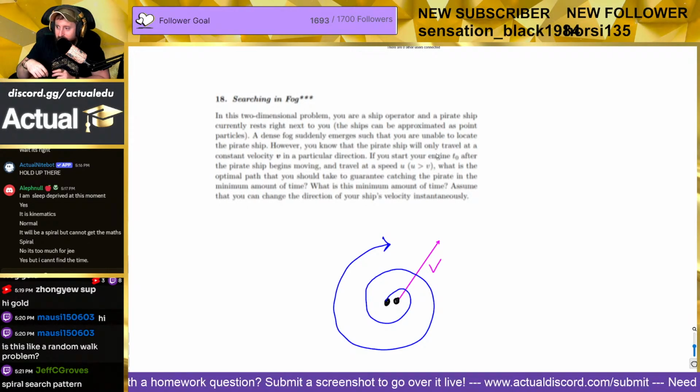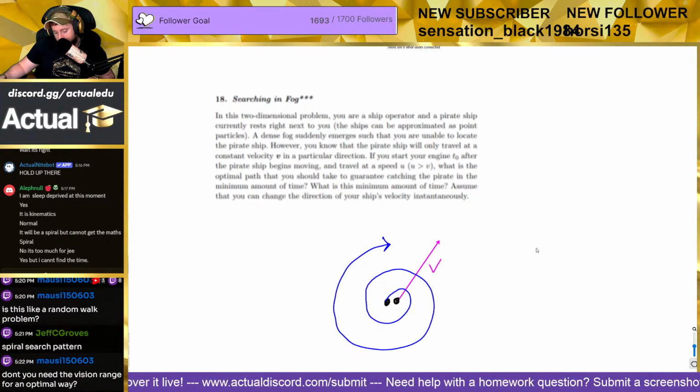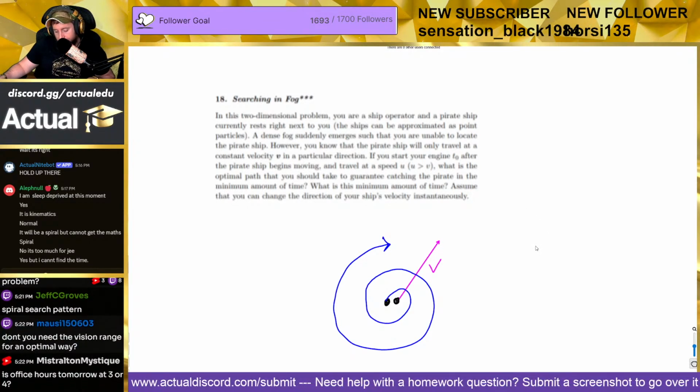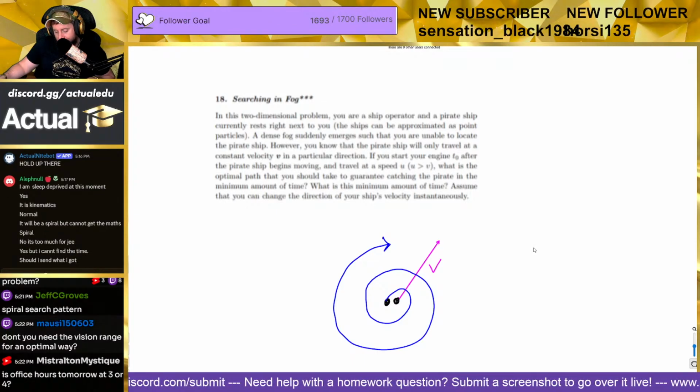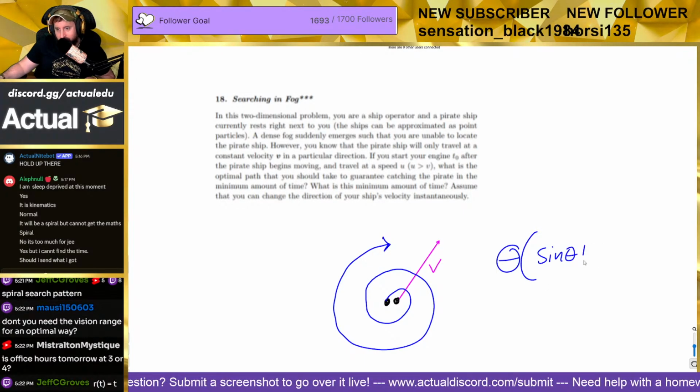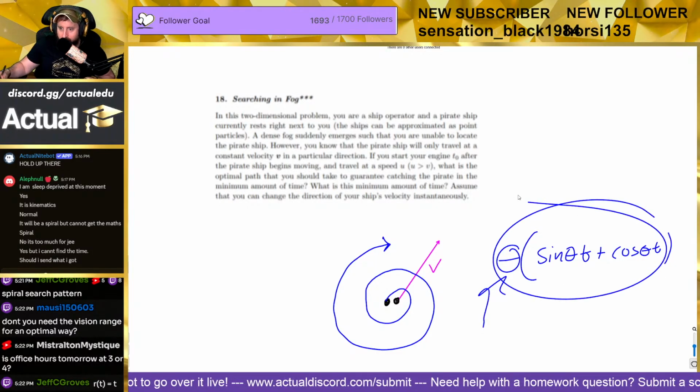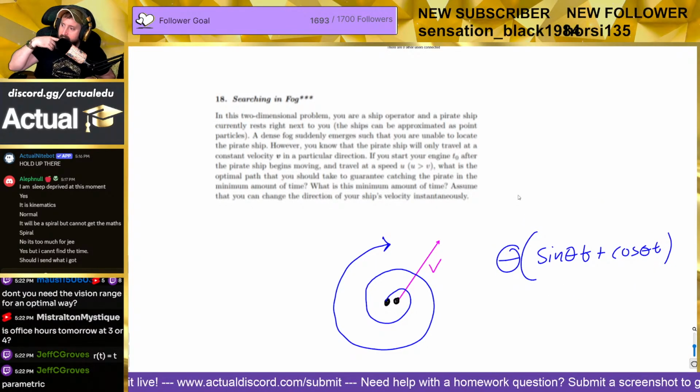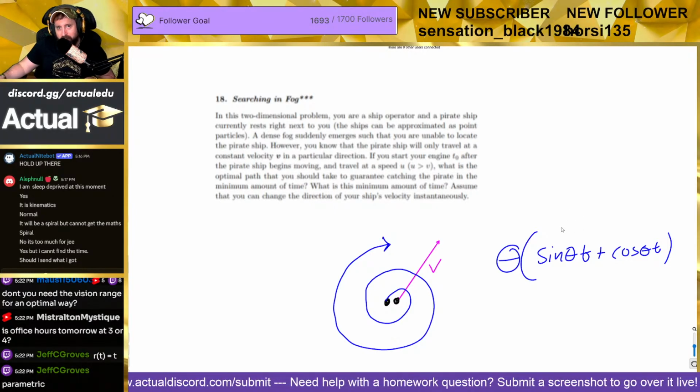Yeah, spiral search pattern. What's the equation for that? I don't know. I assume it's going to be like some theta, sine theta t plus cosine theta t, basically. You need the radius to be increasing as you're going around. You could make a parametric, yeah.